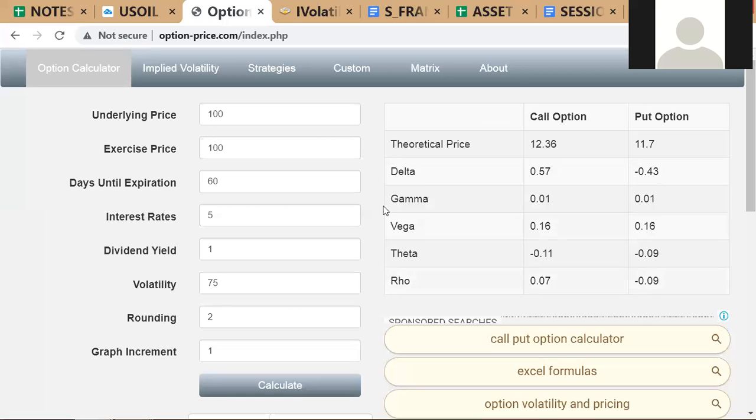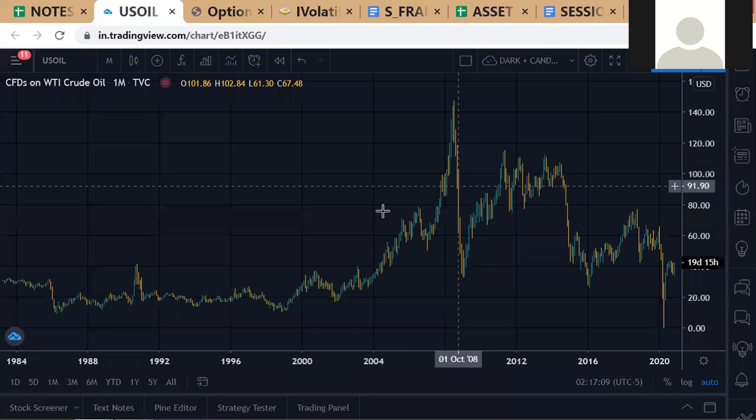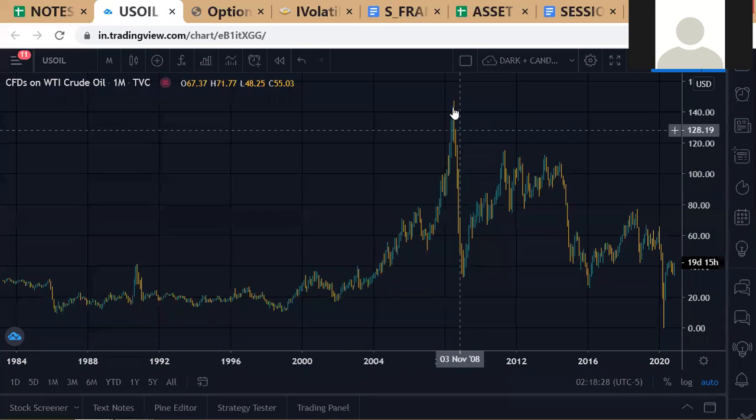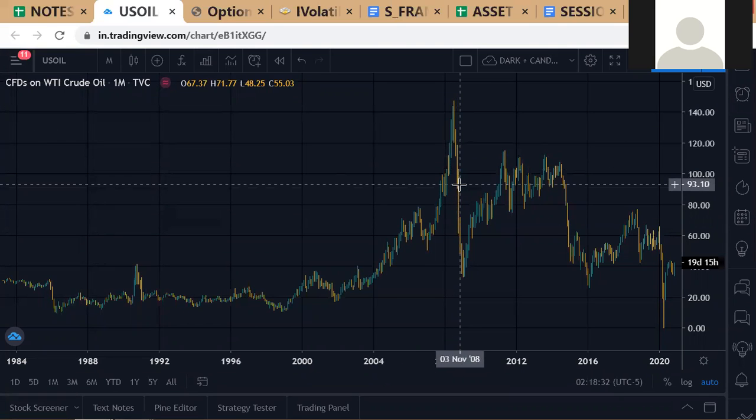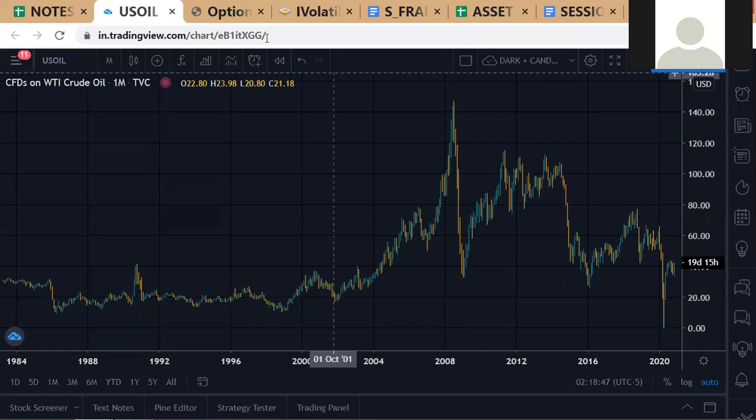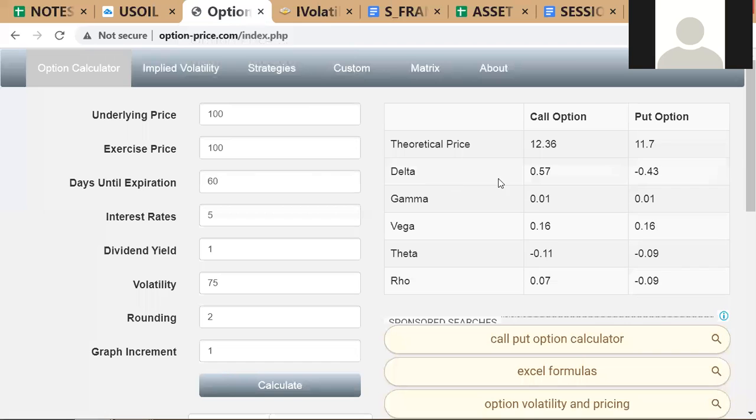So what I was telling you is that the way you make use of gamma is by projecting, okay, if the underlying asset drops here, my delta will be so much. And therefore, to cover my delta, which is going to become so high, I had better buy some underlying asset at this price, or better sell some underlying asset at this price. So the way you manage your delta is by buying and selling the underlying asset.